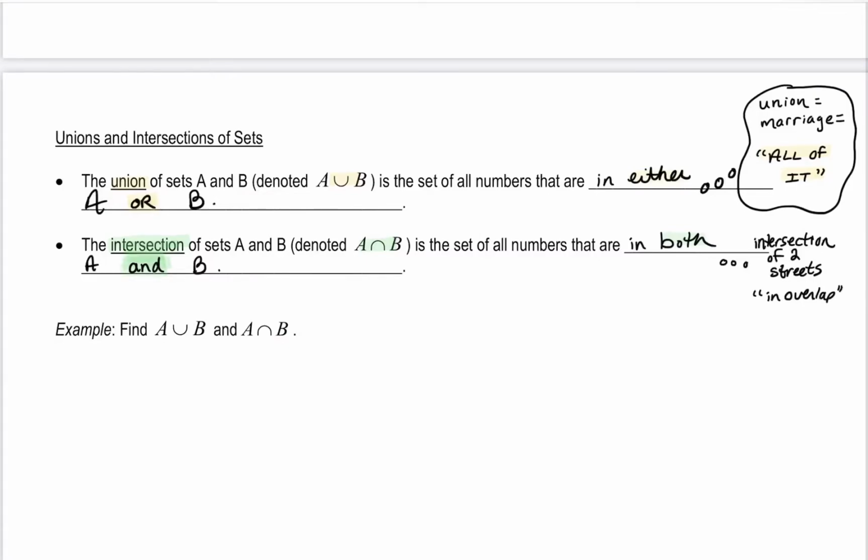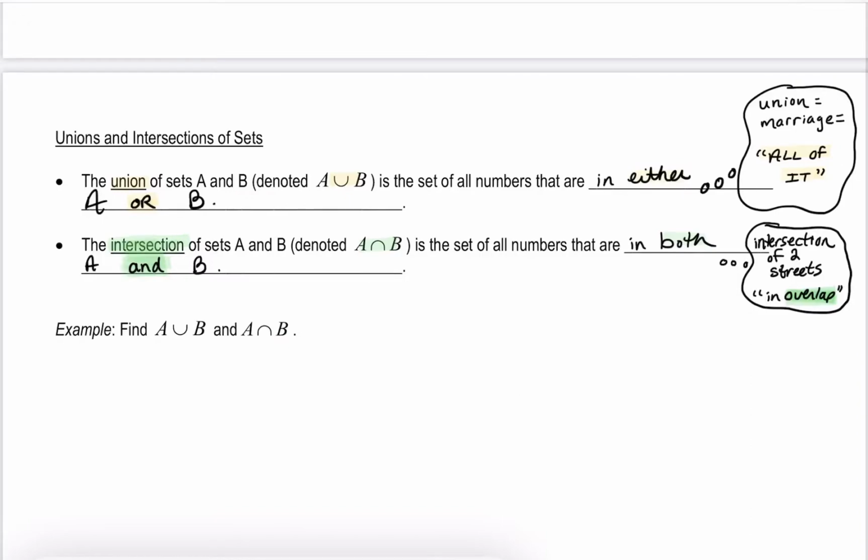At that moment, you're literally on both streets at the same time. So think about intersection as the overlap, and union as take all of it.